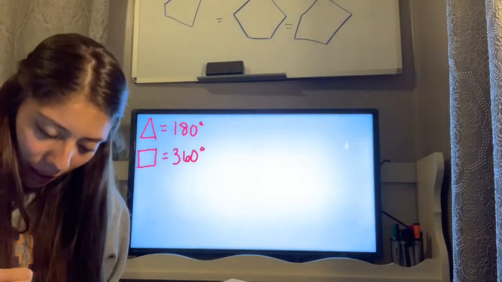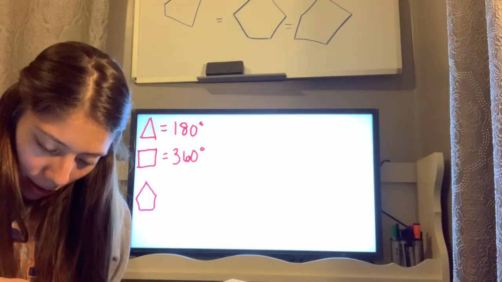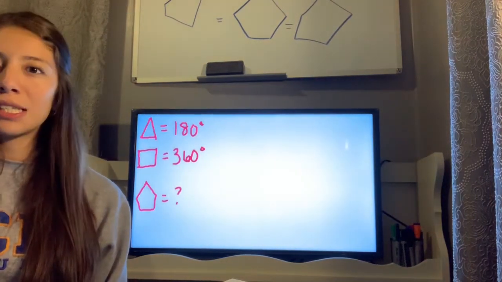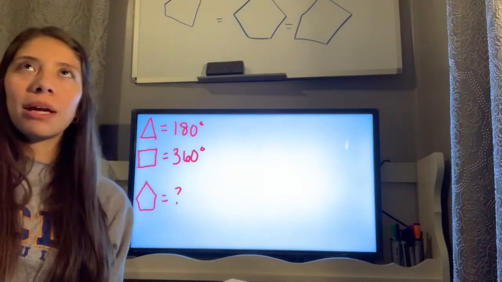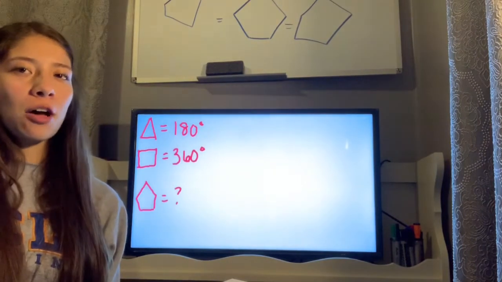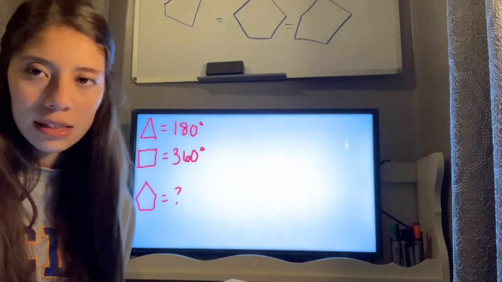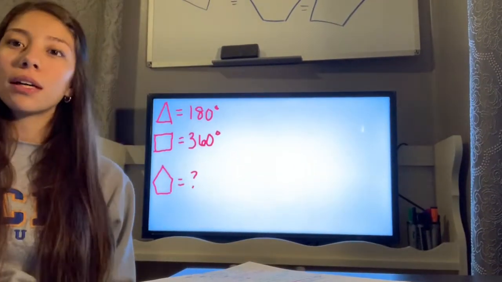Today we're going to try to figure out how much is the total angle measurement of a pentagon. I'm going to show you a very simple and super mind-blowing way of how to figure that out. And it's going to help you with tomorrow's lesson, and then for Friday's mini assessment, super mini. I just want to make sure that you guys know how to find angle measurements of polygons in general.